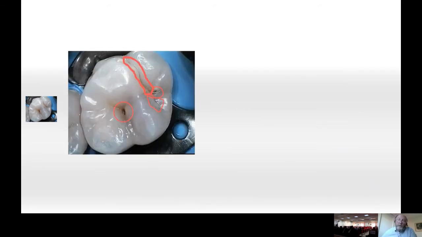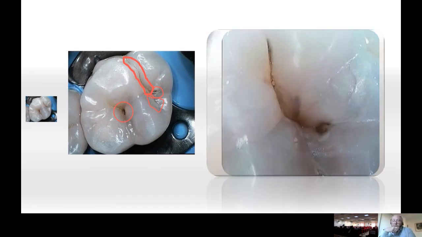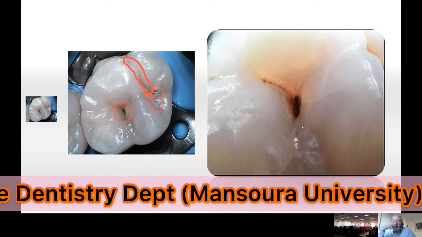So let's see in detail the information given by this kind of tool. You have the first magnification, then we increase the magnification, and you can share this image with your patients, as you can put it on a large screen.